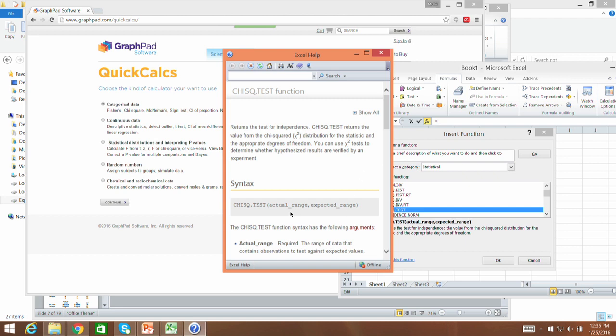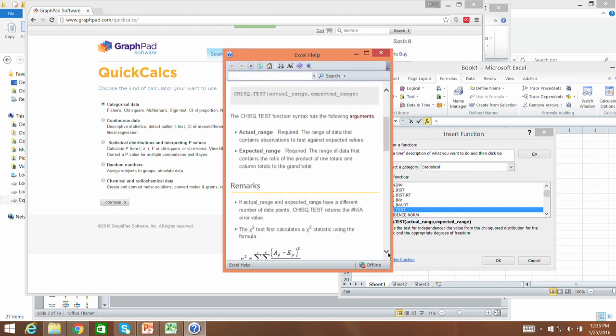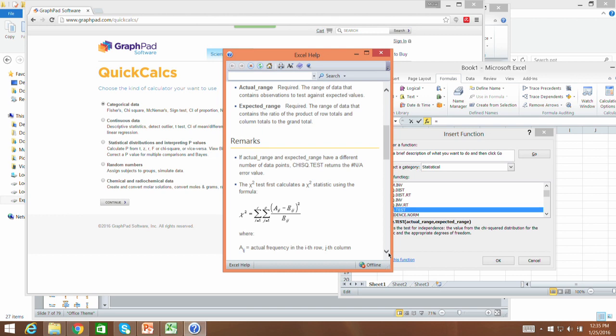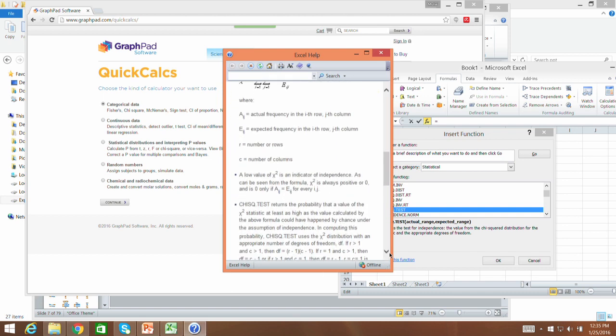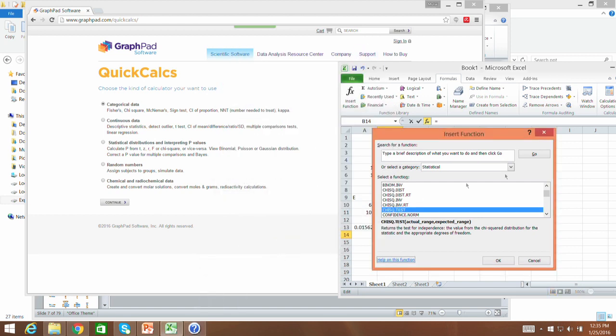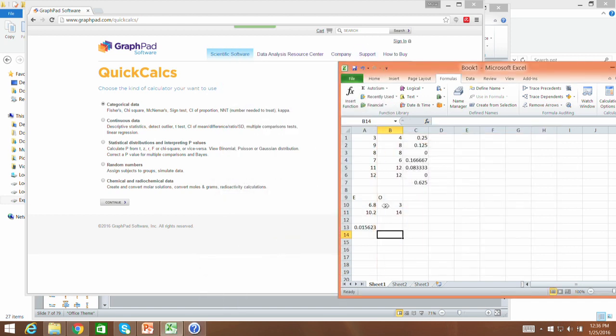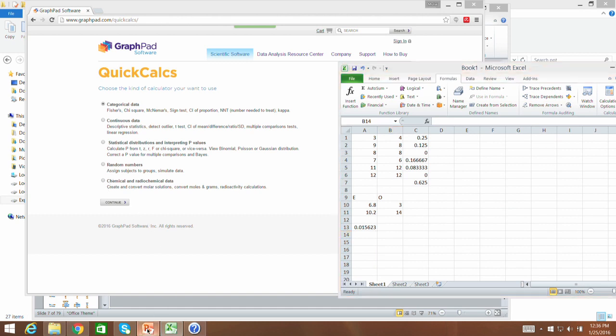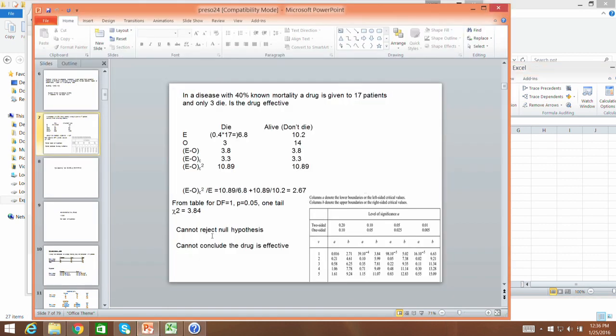We give the actual range and the expected range, so it calculates and tells you. So we can use this particular chi-square test for our calculations. So here we say we cannot reject the null hypothesis, so we cannot conclude the drug is effective.